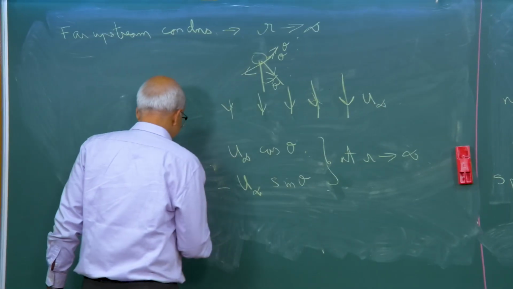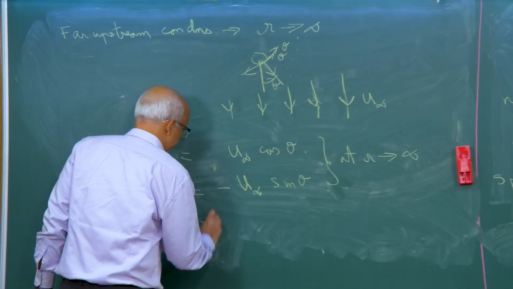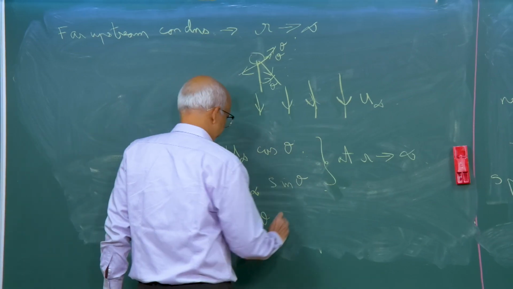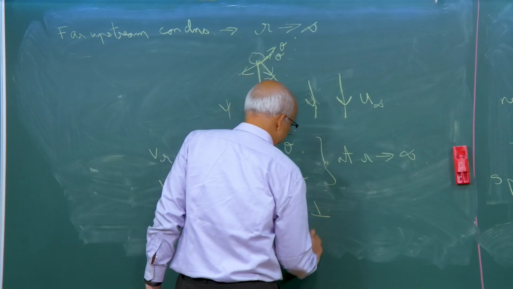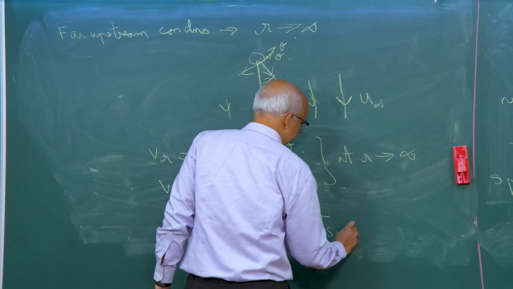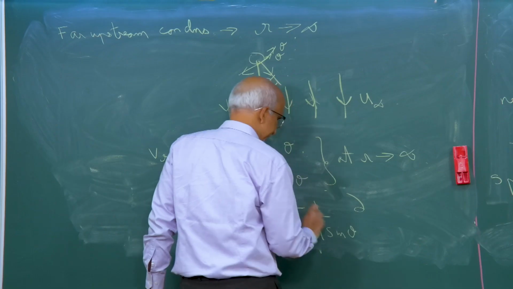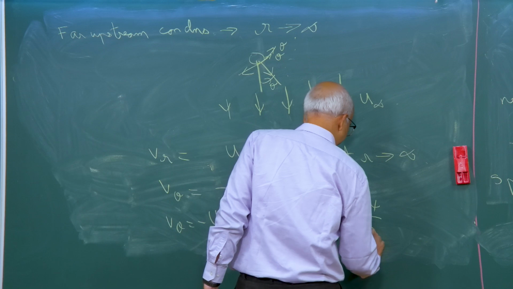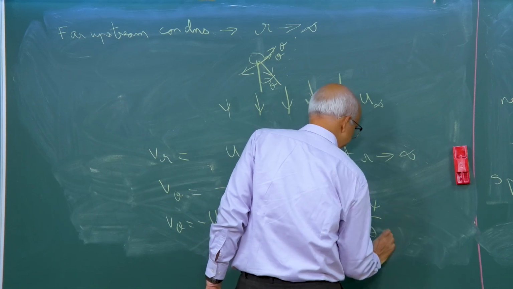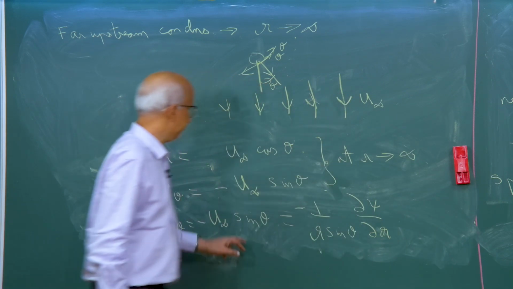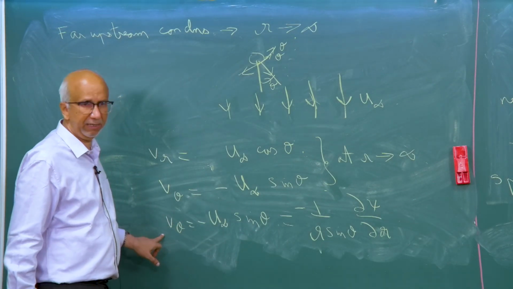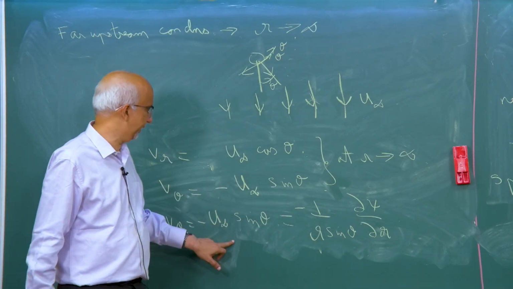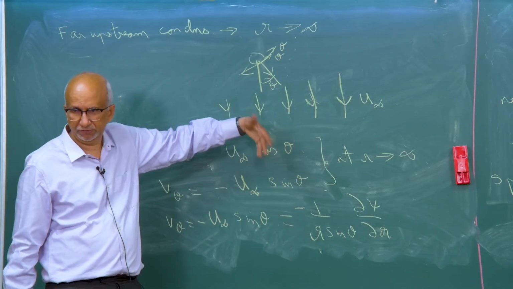So V theta is minus u infinity sin theta, which is equal to 1 by r sin theta, again with a minus sign, d psi by dr. This is the relationship between V theta and stream function. This is how V theta is far away. I found that from the physical problem.